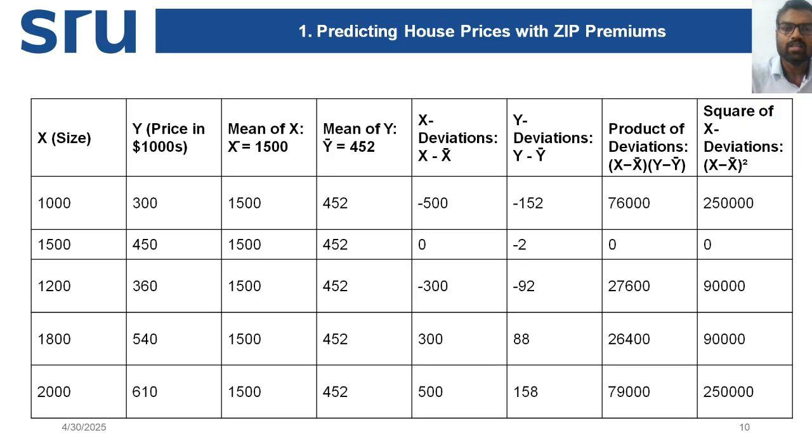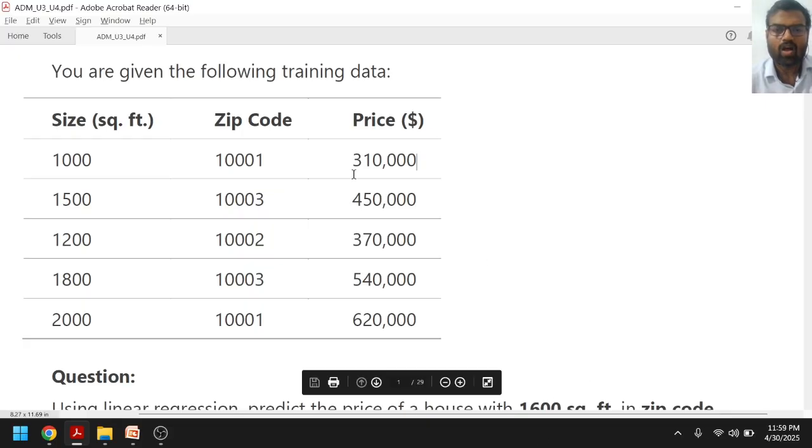Let's see. In the class also I explained this thing. So here we know that x is the size, that column is fixed. Y is the price. This is a very good observation, because in our data set everything is about 300, 310,000. Obviously, the suggested price is 300,000, right?